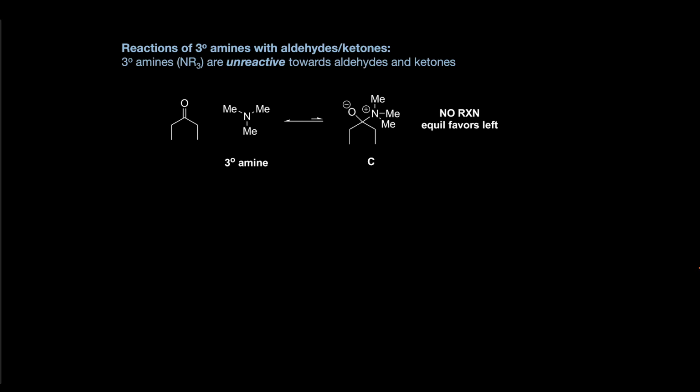Let's take a look at why tertiary amines are unreactive towards aldehydes and ketones, whereas our previous examples of primary and secondary amines are reactive. We can show the reason why tertiary amines are unreactive by drawing in structures.